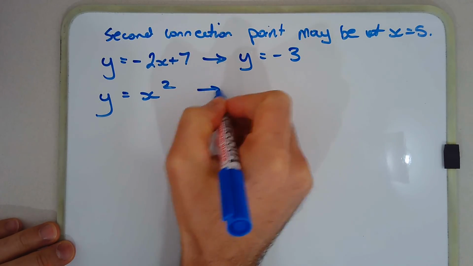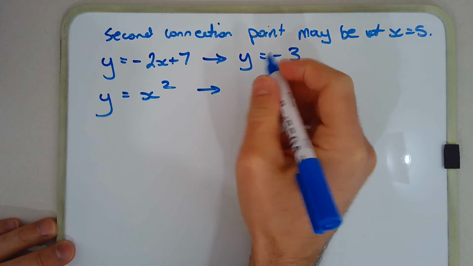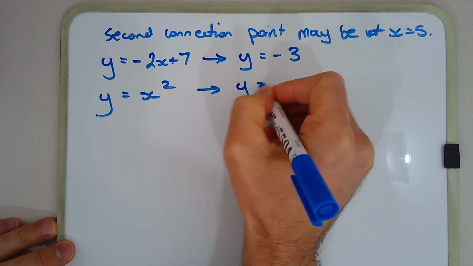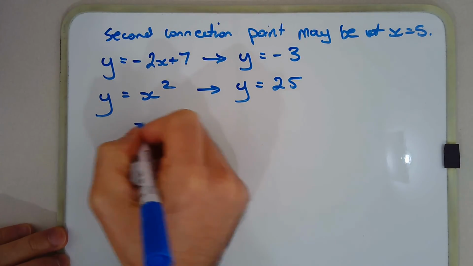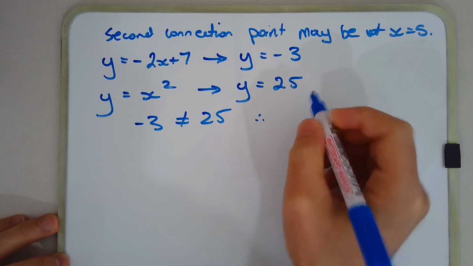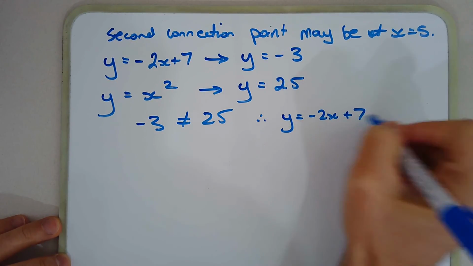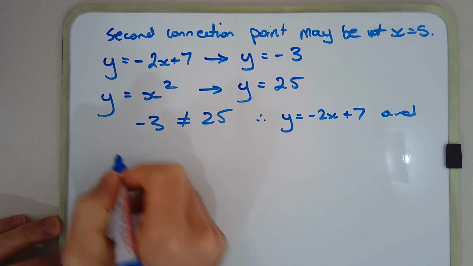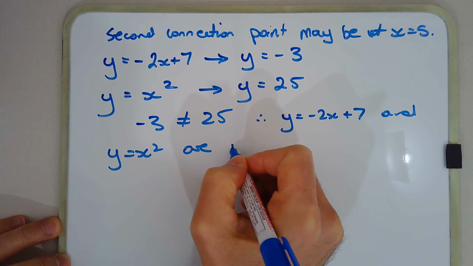At x equals 5, substituting 5 into this equation, we have y equals 25, and they're clearly different. So negative 3 obviously does not equal 25, therefore y equals negative 2x plus 7 and y equals x squared are in fact discontinuous.